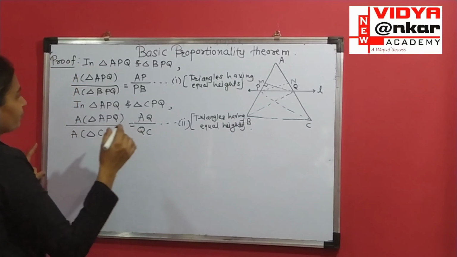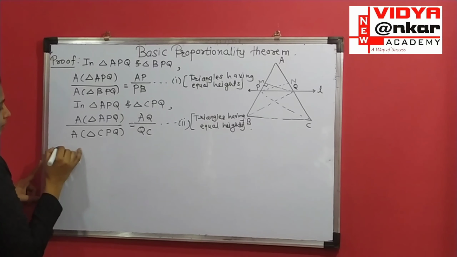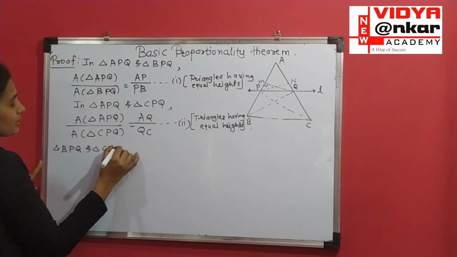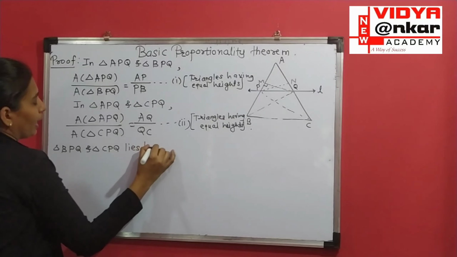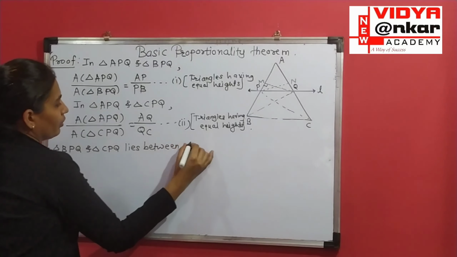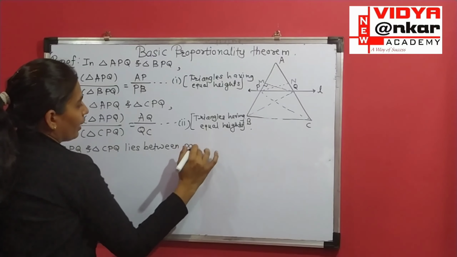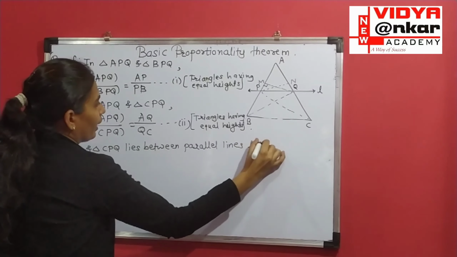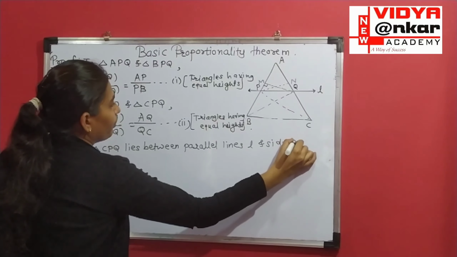So students, I can write here triangle BPQ and triangle CPQ lie between parallel line L and side BC.